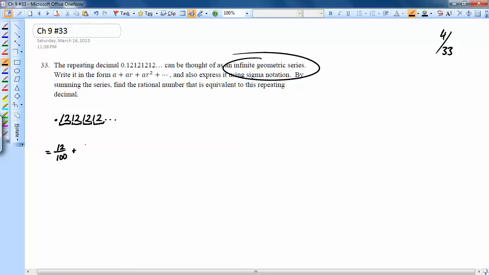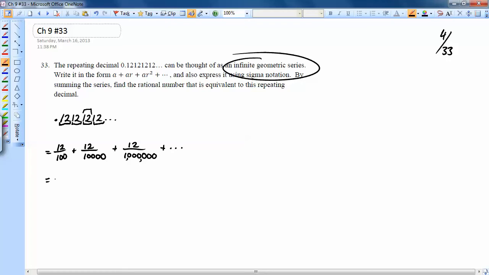And 0.0012 is the same thing as 12 over 10,000. And then the next 12 right here is what I would add in next, and that's really 12 millionths. I'll put the commas so it's easier to see. The next one is going to be another 12 over 100 million. So I'm just going to do dot dot dot here.